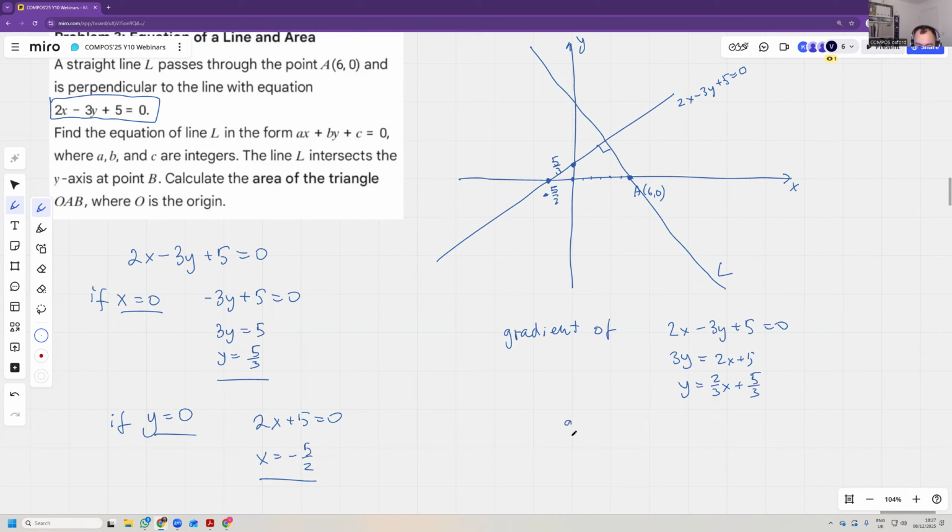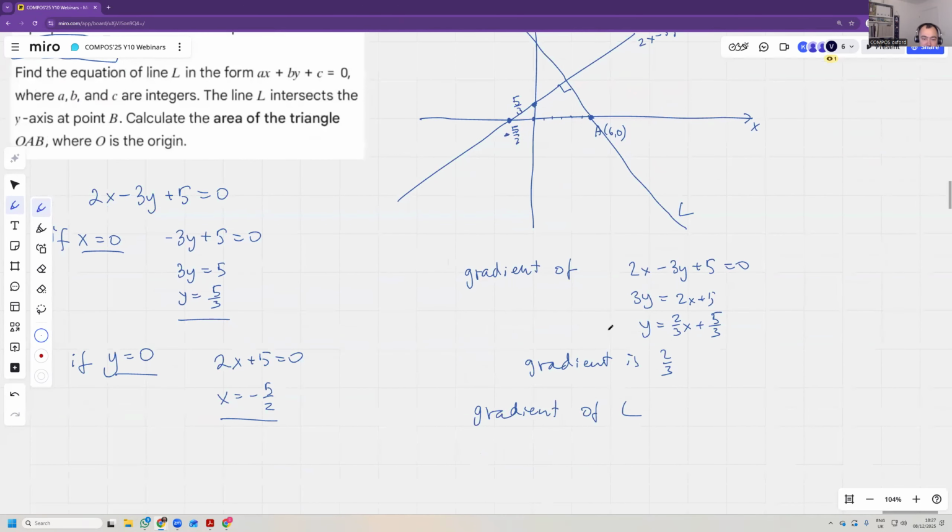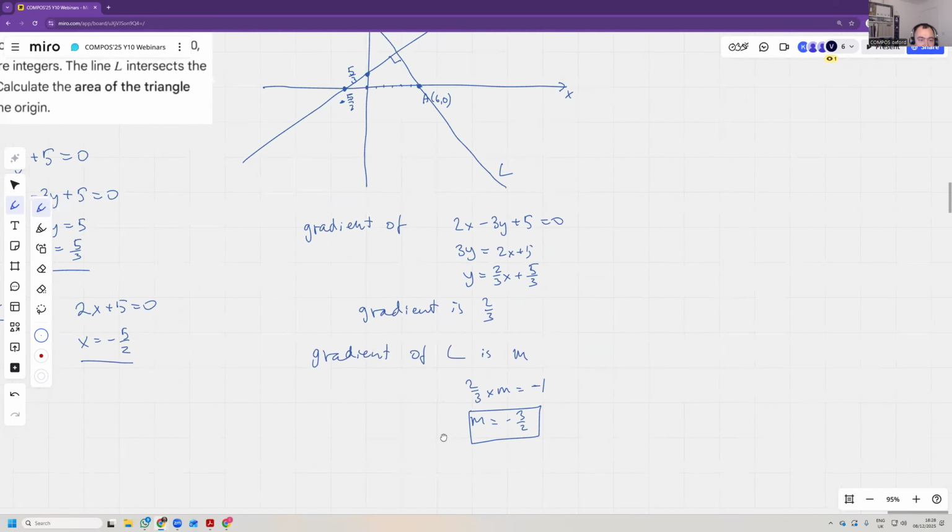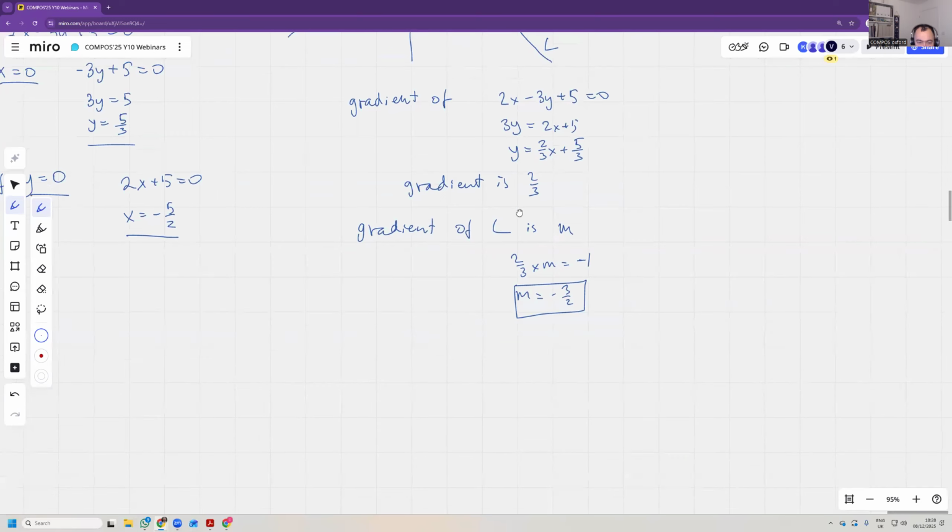So the gradient is 2/3. The gradient of the line L is m. And so 2/3 times m has to be minus 1. So m is minus 3 over 2. So line L has gradient of minus 3 over 2.